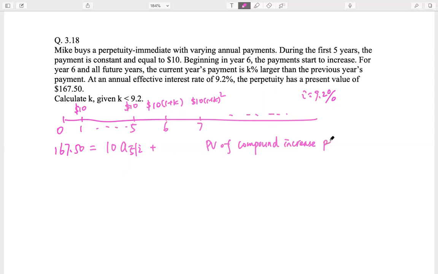This is a perpetuity, so perpetuity immediate. Remember, the first payment of this perpetuity starts at this point, right? So if you calculate the PV, it will be here. So in order to go back to 0, you need to multiply by a discounting factor of 5 years.